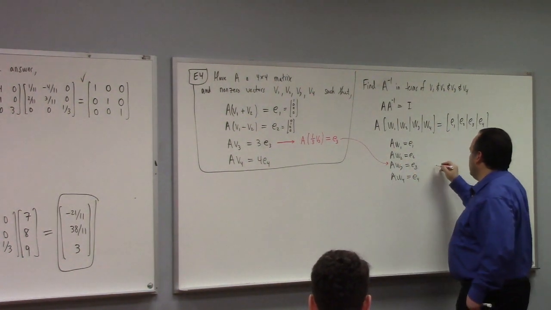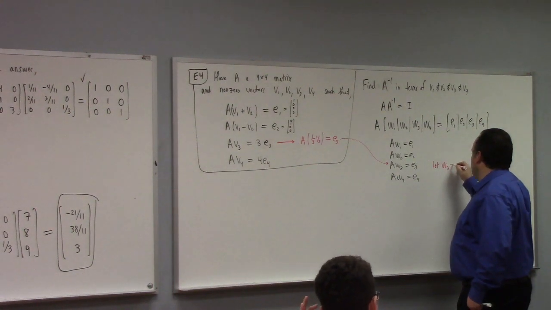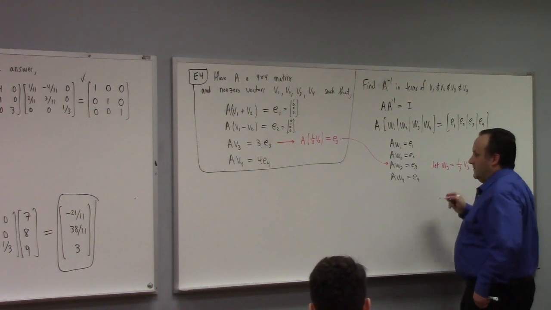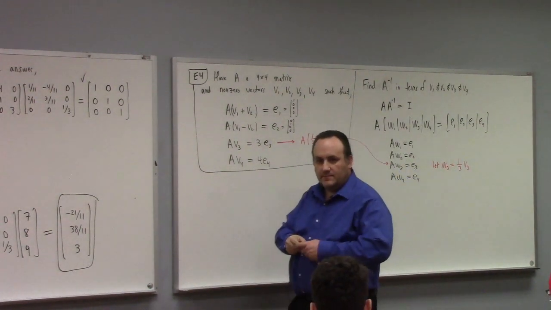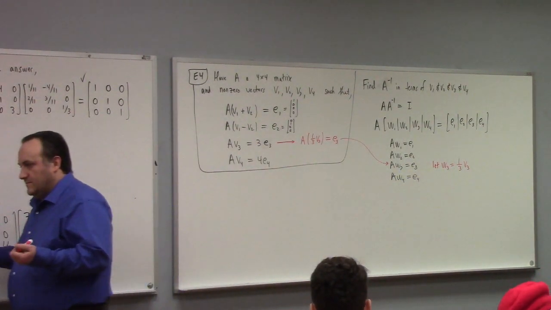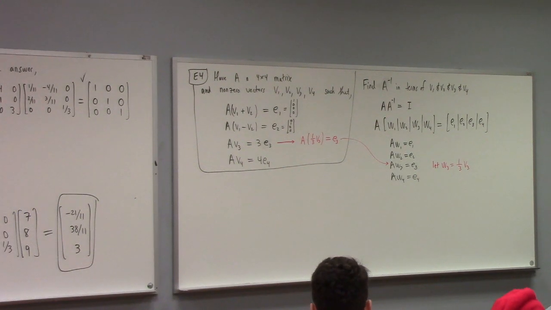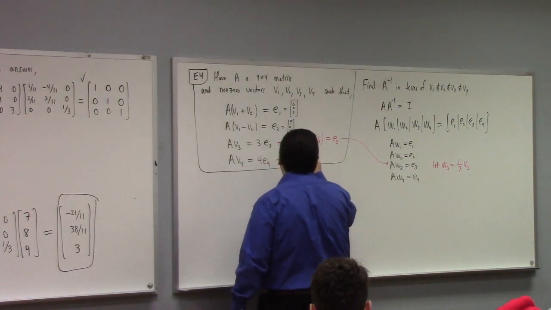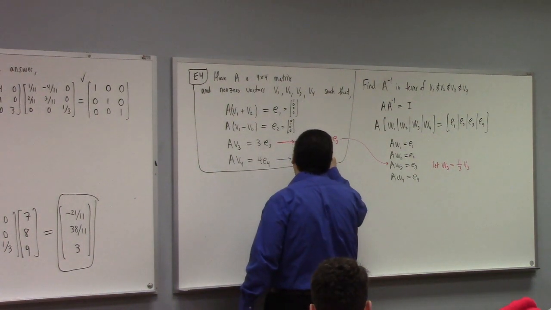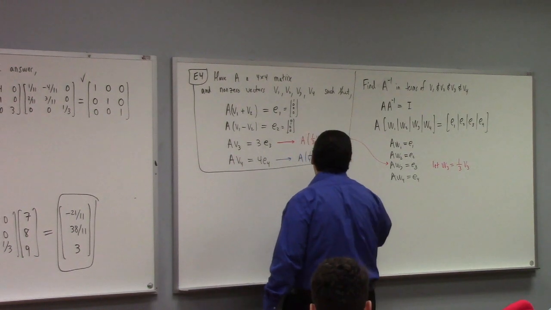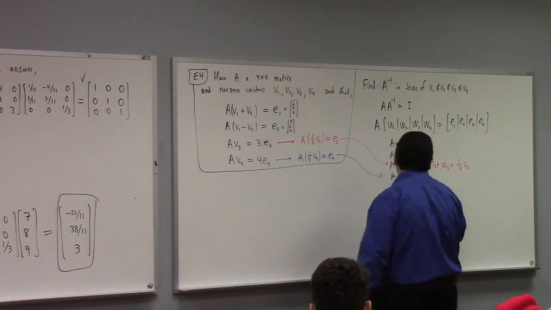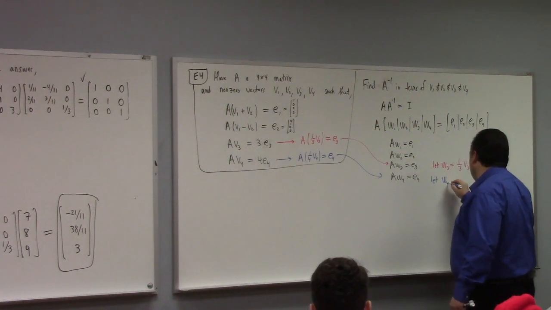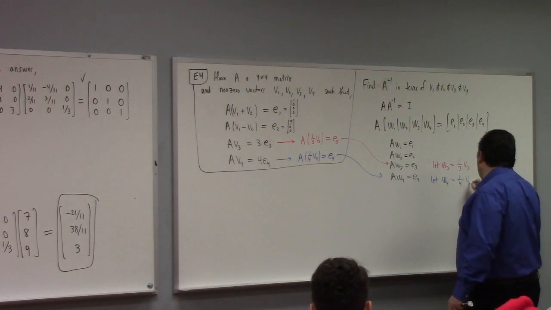So you can see, aha, we can just let w3 equal 1/3 v3. Yeah? And if you see that, you probably can see what to do with the 4th one, right? For the 4th one, notice that we can divide by 4, and we get A times 1/4 v4 is equal to e4. So looking at that, that suggests to me that we have the solution w4 is equal to 1/4 v4, right?